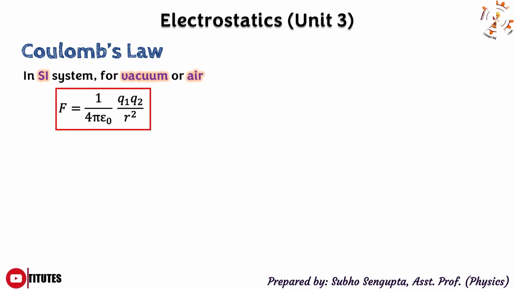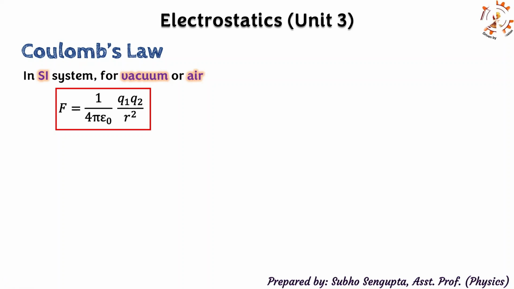We have just learnt the mathematical expression of Coulomb's law in SI system for vacuum or air. Let us now consider the charges are situated in a medium other than free space. Will there be any change in the previous expression? Well, the answer is yes.